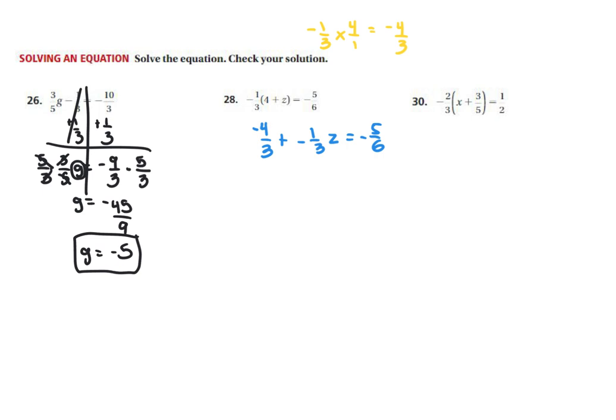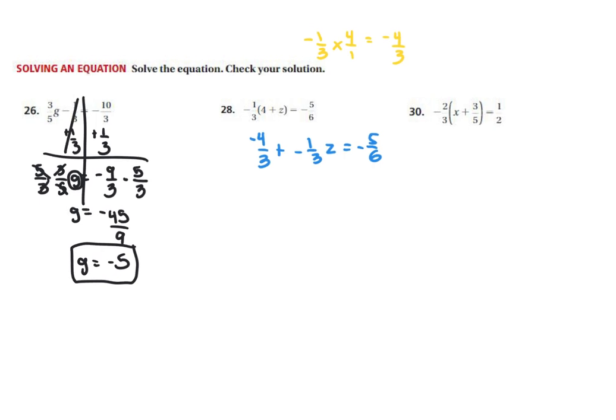So from here, we are going to have to find common denominators. So this will be 8/6 or negative 8/6 plus negative 1/3 z equals negative 5/6.